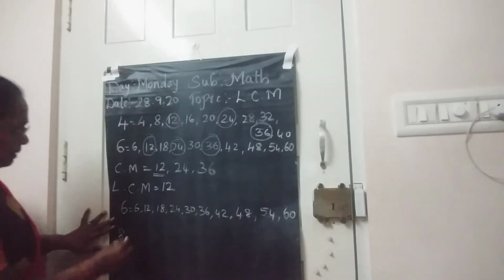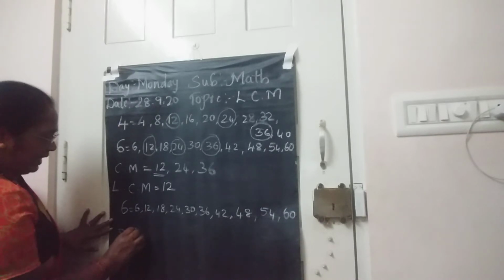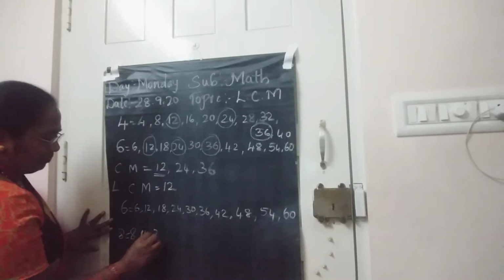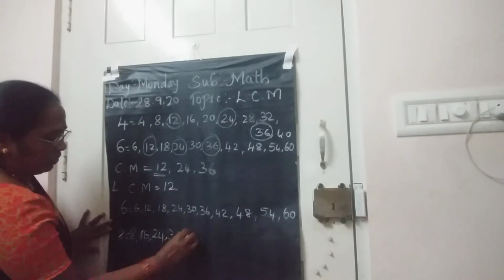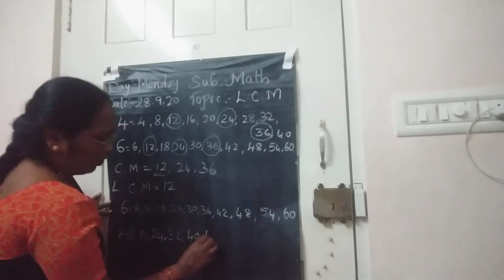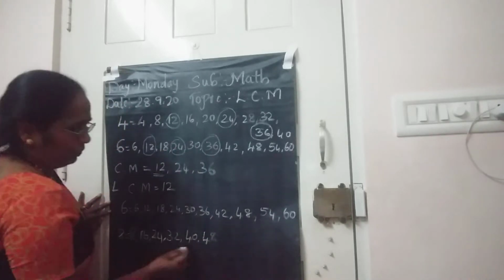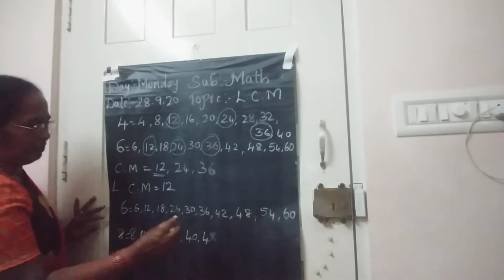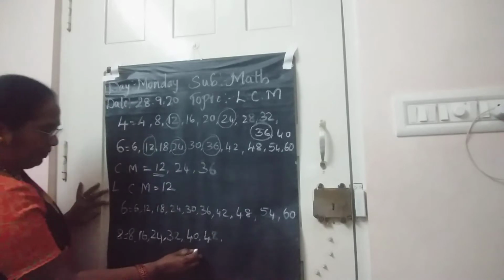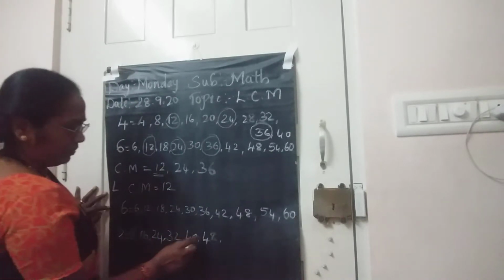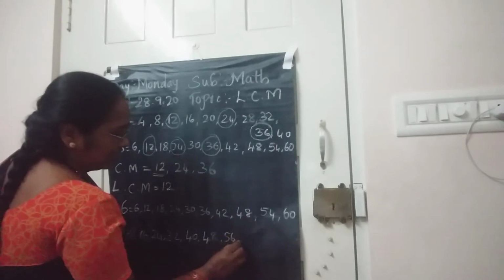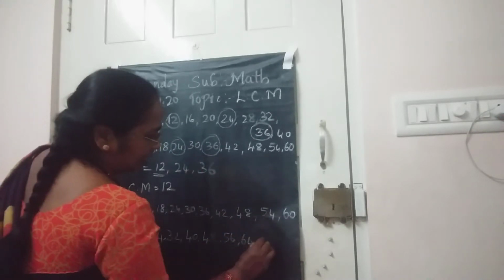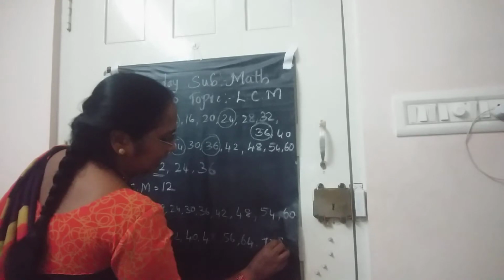What are the multiples of 8? 8, 16, 24, 32, 40, 48. You know what multiples are, right? Multiples are the tables. After 48, 56, then 64, then 72, then 80.